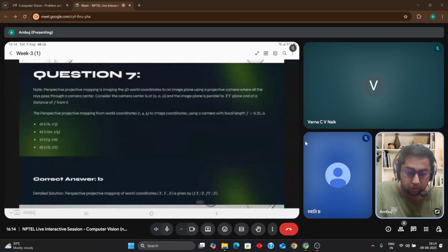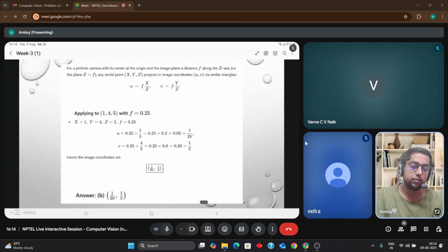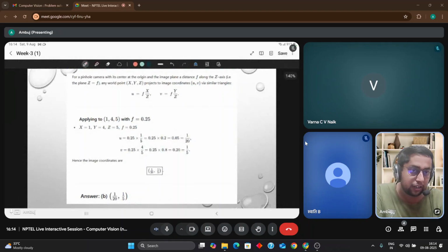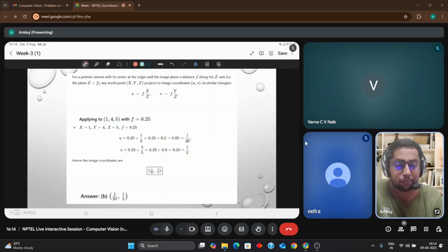In question number 2, I have already shared with you that if you are projecting a 3D point onto a 2D plane for a pinhole camera with the center at the origin and the image plane at a distance f along the z-axis, that is the plane z equal to f, any world point in terms of capital X, capital Y, capital Z would be projected.